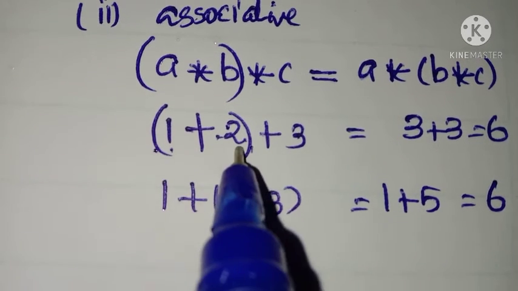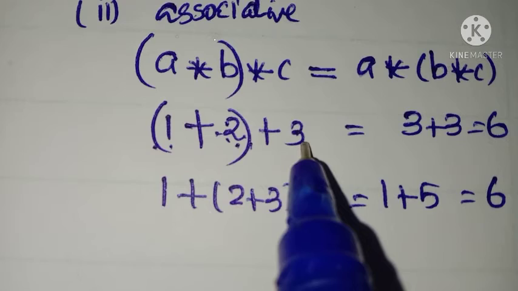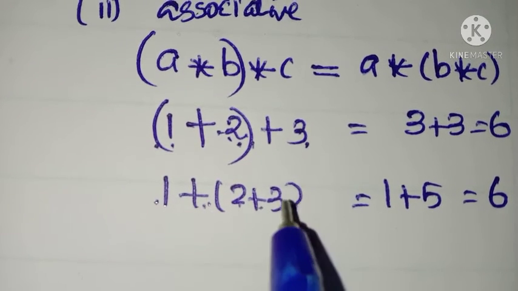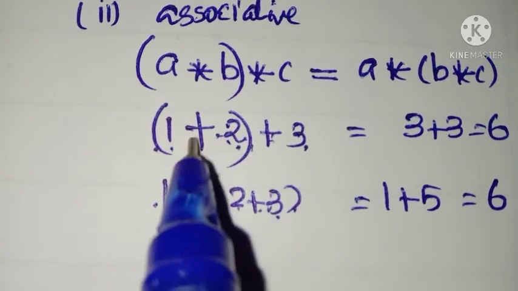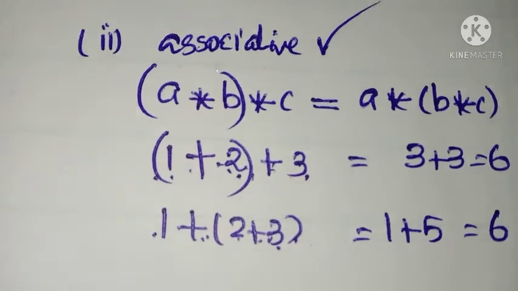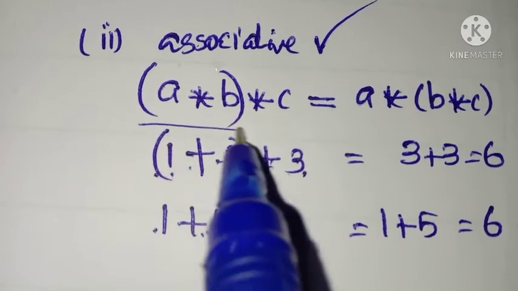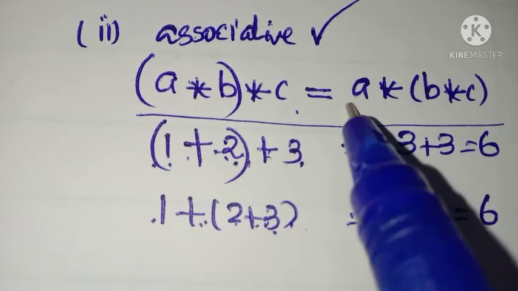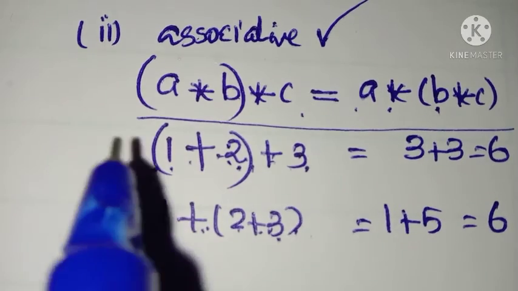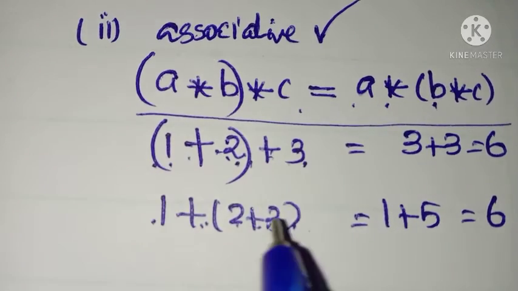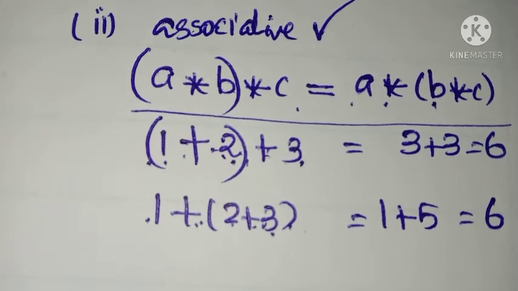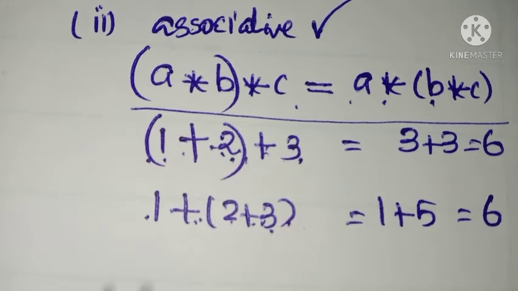So first we add the first two numbers and then add the third, which is the same as adding the first to the sum of the second and third. Both are the same. Any operation that satisfies this condition satisfies the associative property: (A star B) star C is equal to A star (B star C). So addition and multiplication are associative binary operations on the set of real numbers, but subtraction is not associative, and division is not associative.